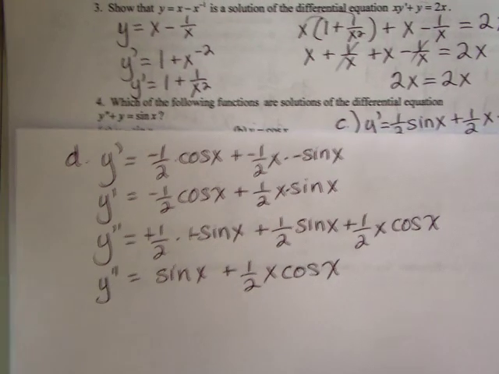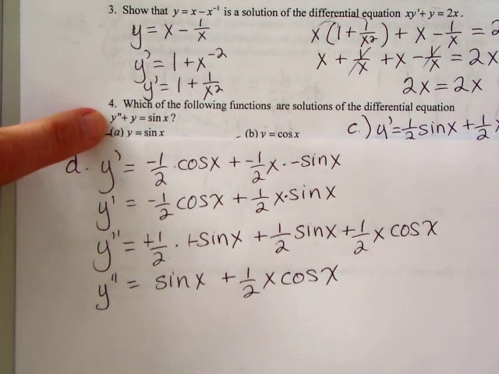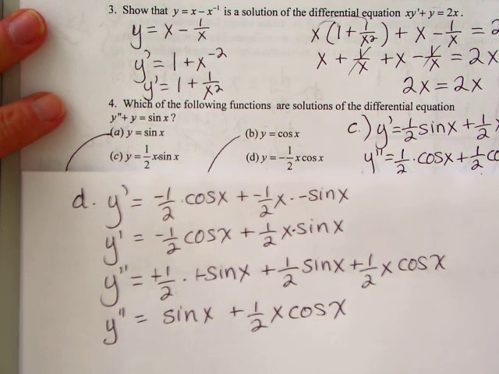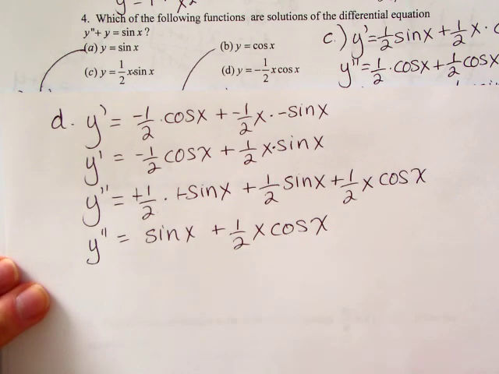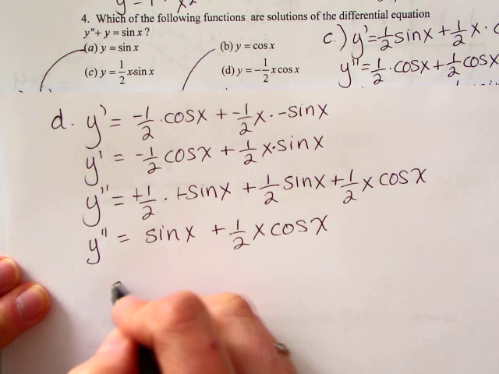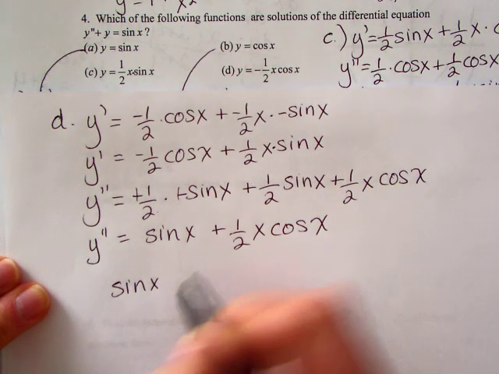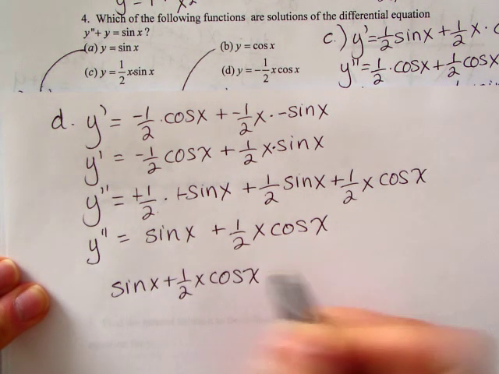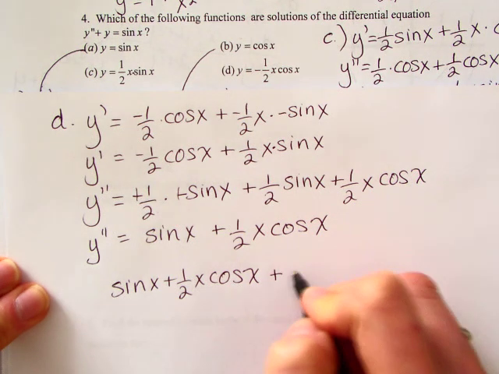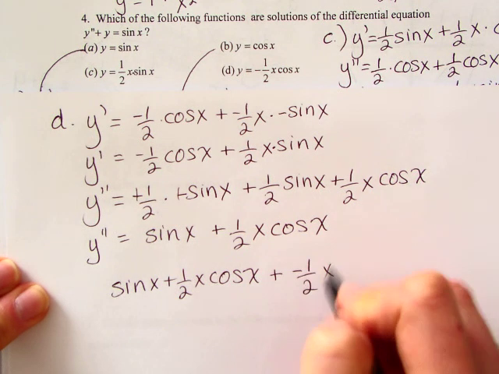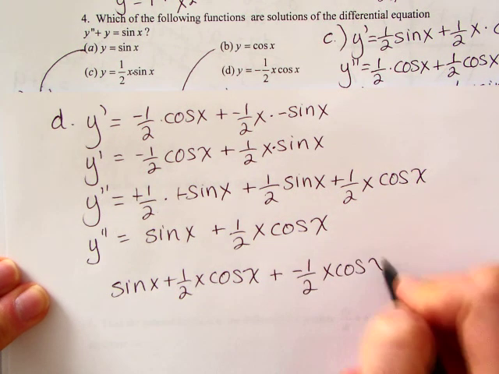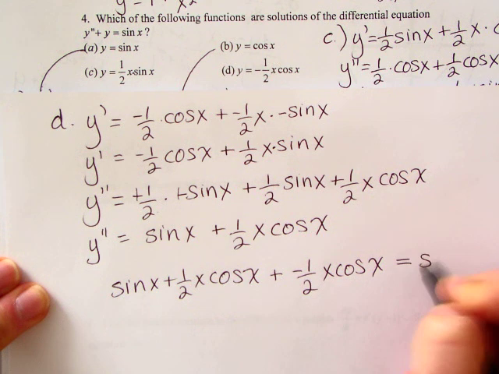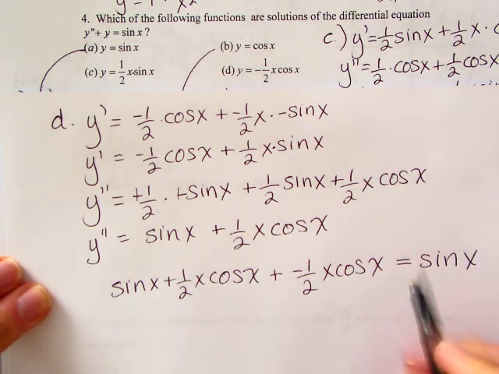So plugging that into our equation up here, plugging y prime and y in there, for D we would have sine of x plus 1/2 x cosine of x plus a negative 1/2 x cosine of x equals sine of x.